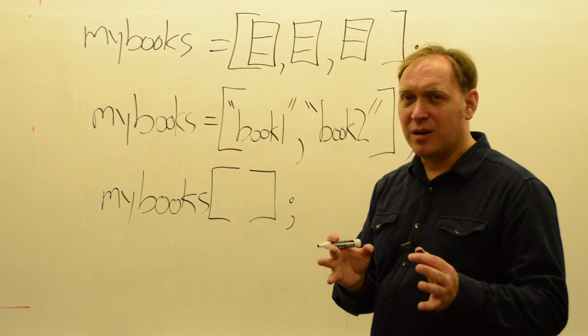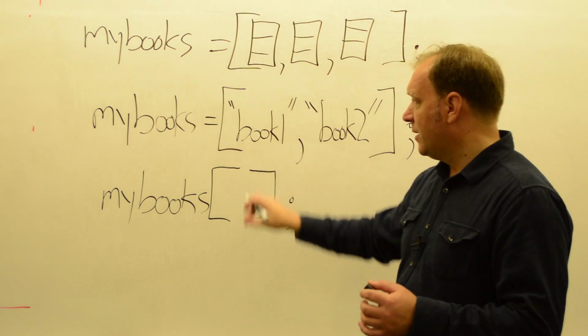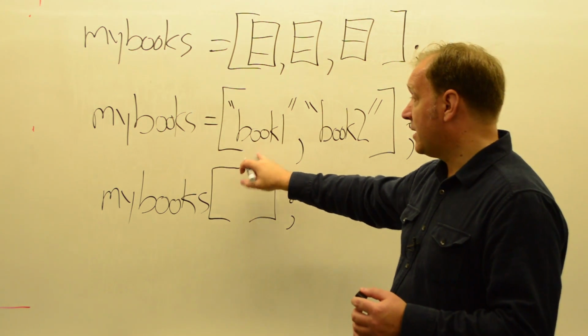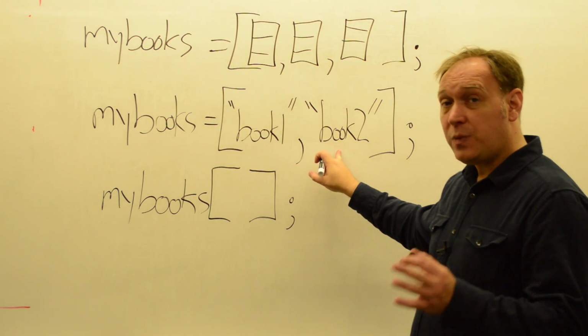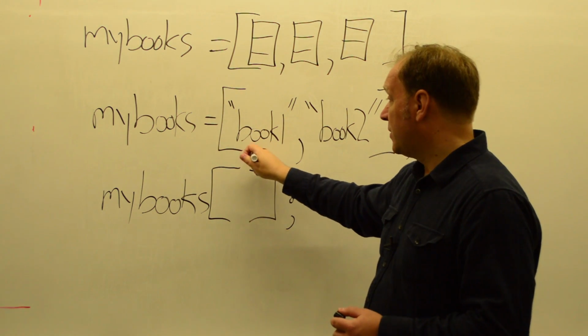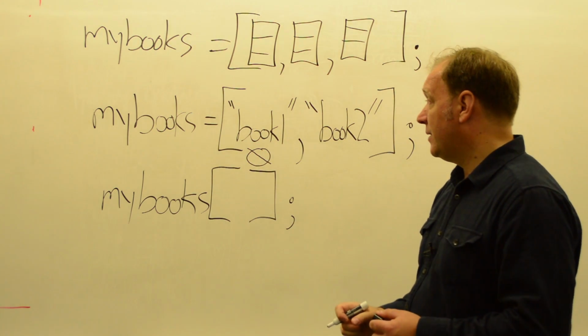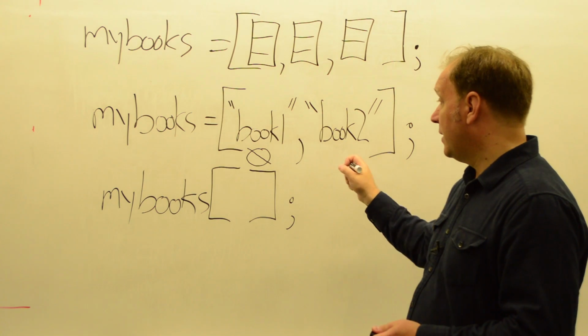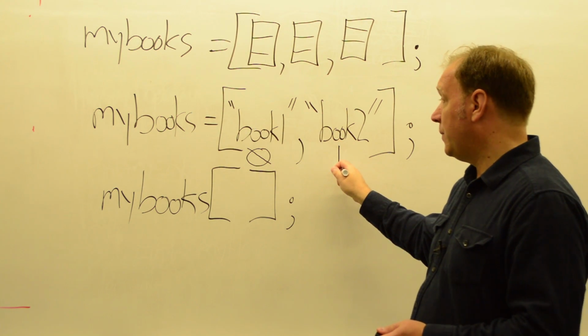Now here's the tricky part about working with arrays. You and I looking at this would say that's number 1 and that's number 2. The trick to arrays is that they start at 0. So this location is 0 and this one is 1.